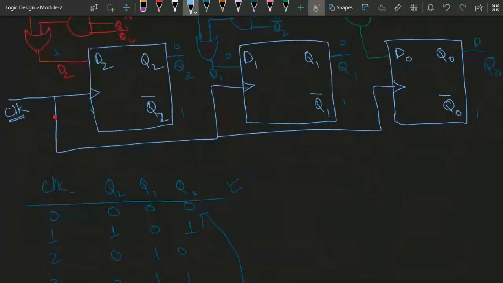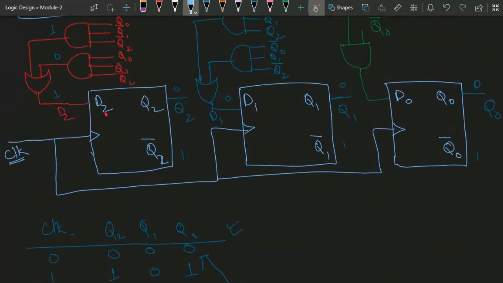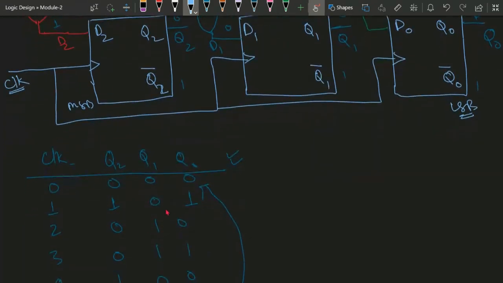Here we have considered D2 as the MSB and D0 as the LSB. In this respect we have considered every state diagram and its states.